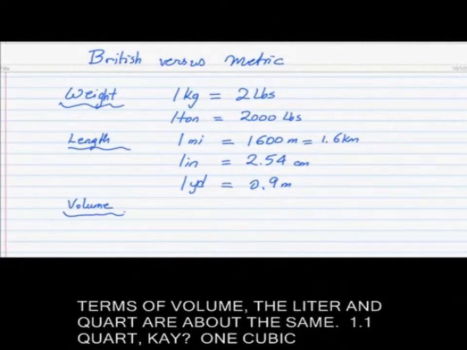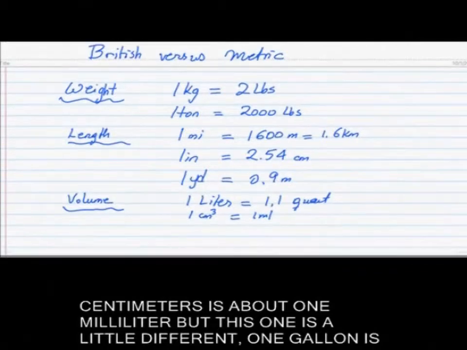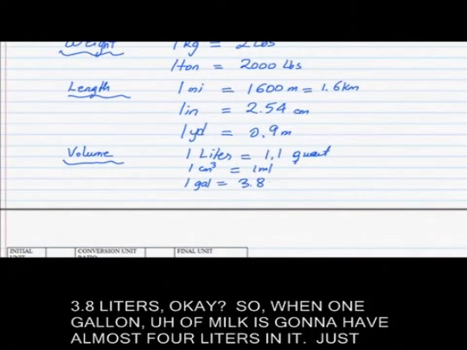Now, in terms of volume, the liter and quart are about the same, 1 liter is 1.1 quarts. Okay, 1 cubic centimeter is about 1 milliliter. But this one is a little different. 1 gallon is 3.8 liters.